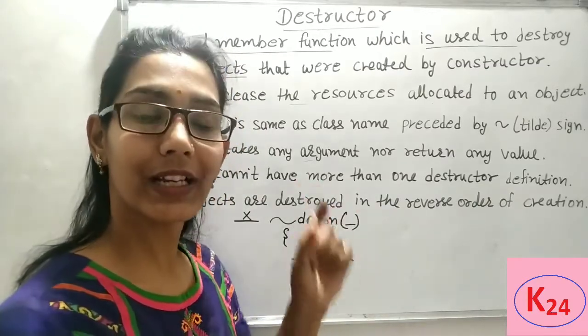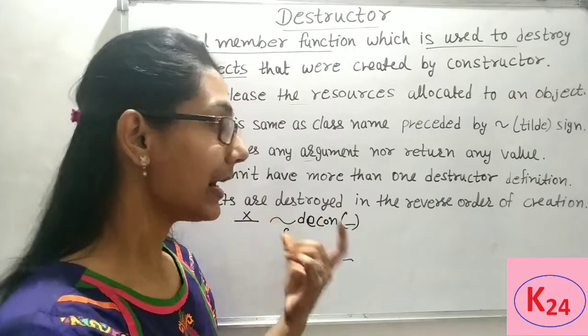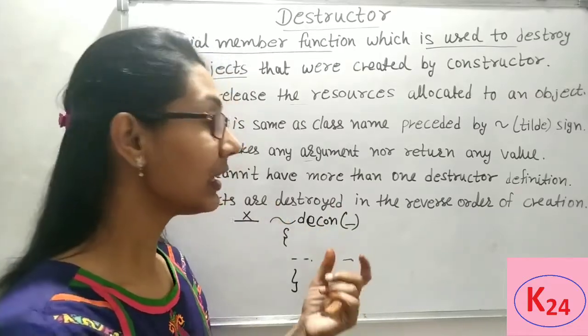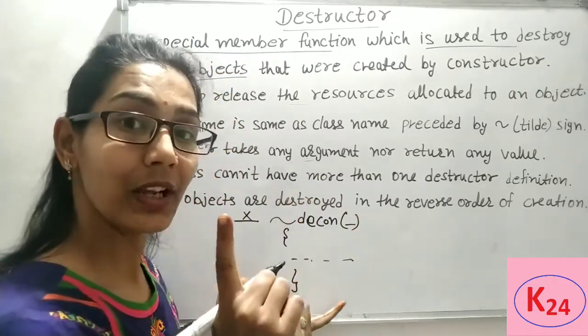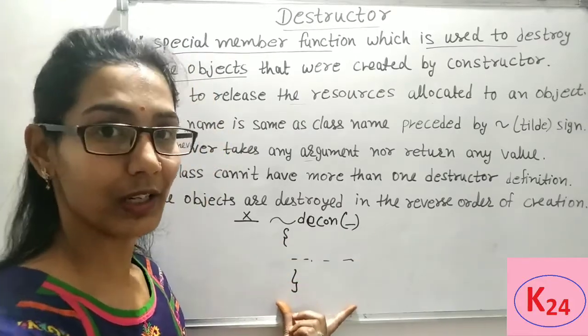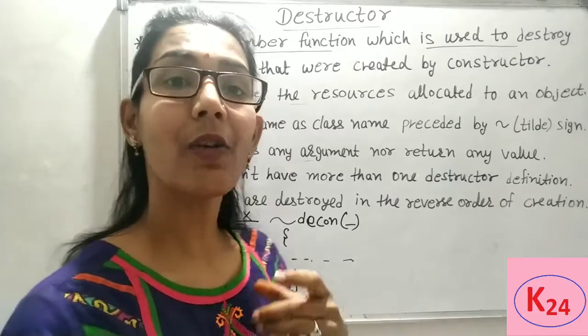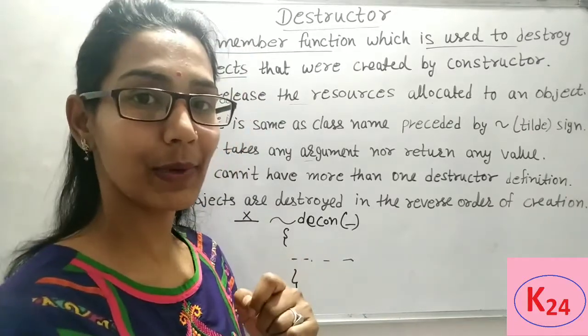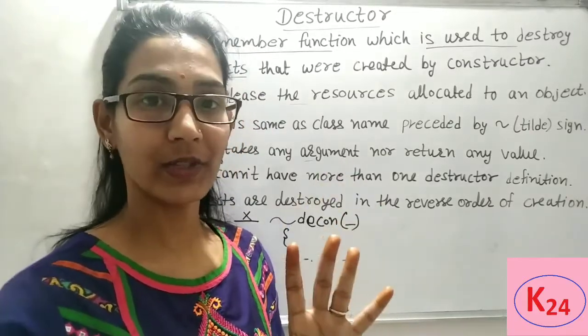It means when we create a program, we will write only one definition or no definition of the destructor, even if we have multiple objects. For example, we have 5 objects.